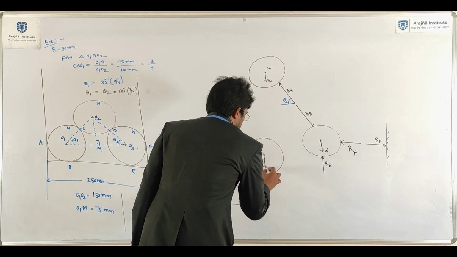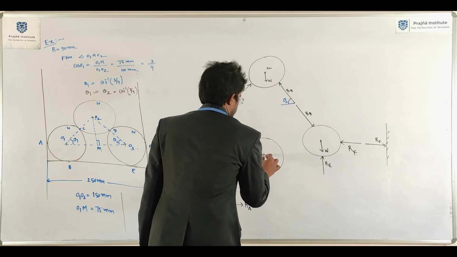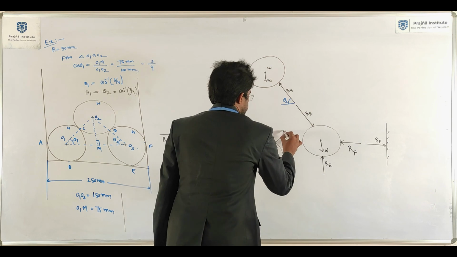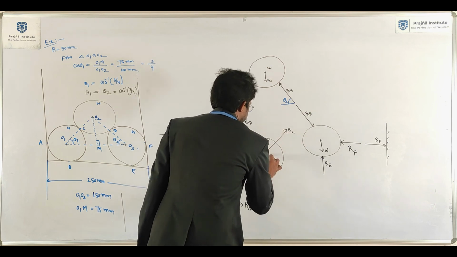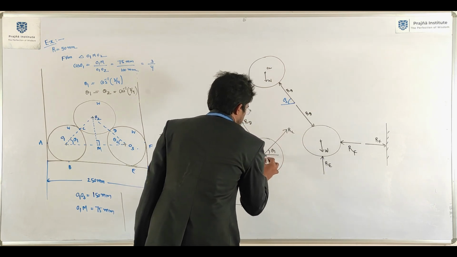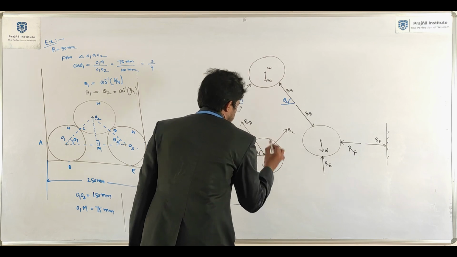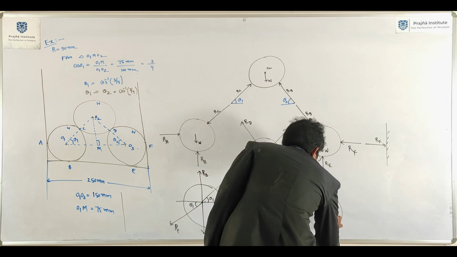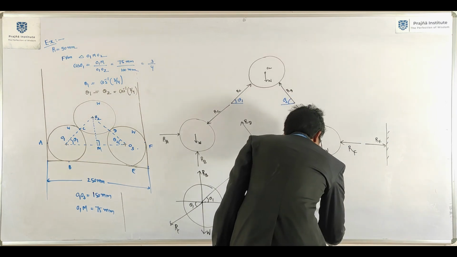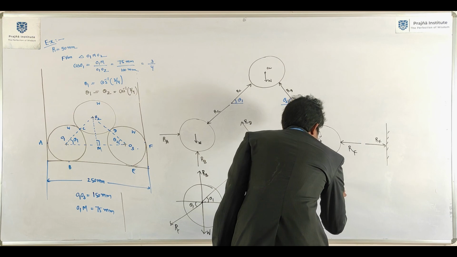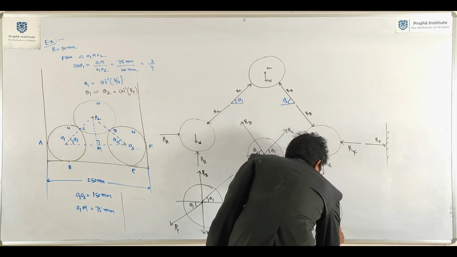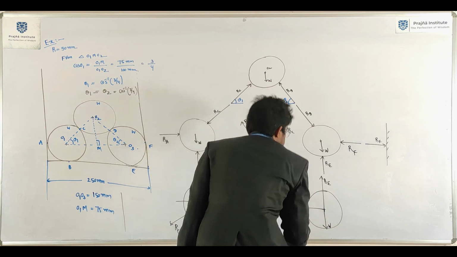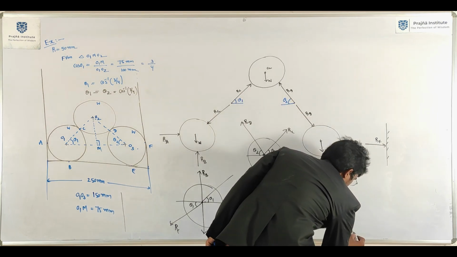Weight is acting downward. Then RD will be acting like this, RC will be acting like this. So it is making an angle theta 1, and it is making an angle theta 2. Now here RE will be acting like this, W acting downward, RF is acting like this, RD will be acting.